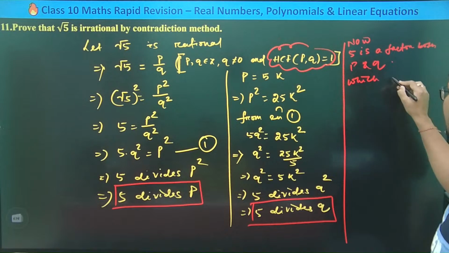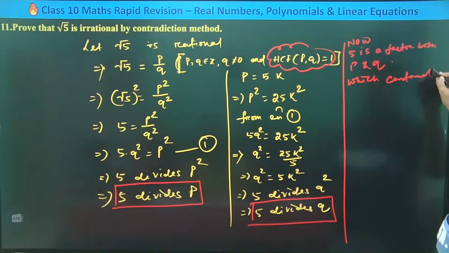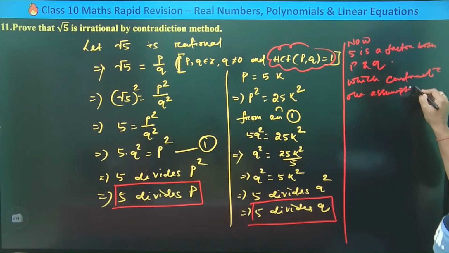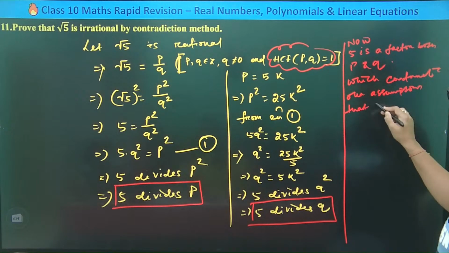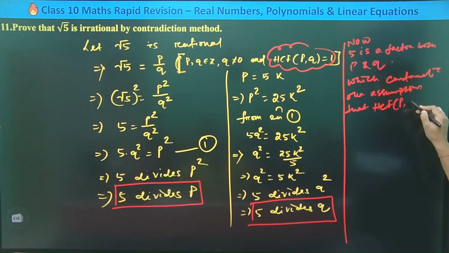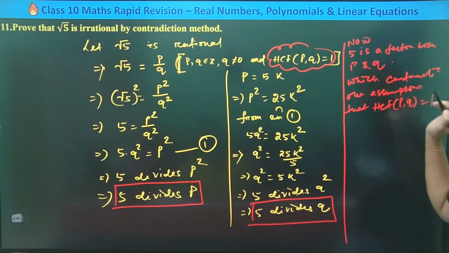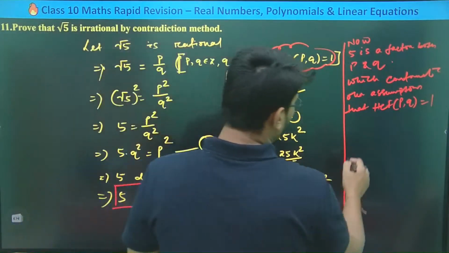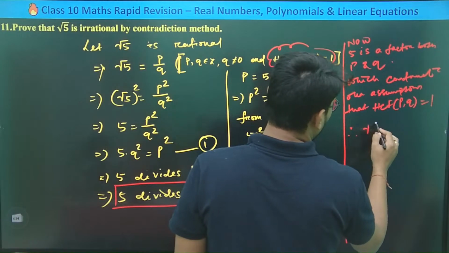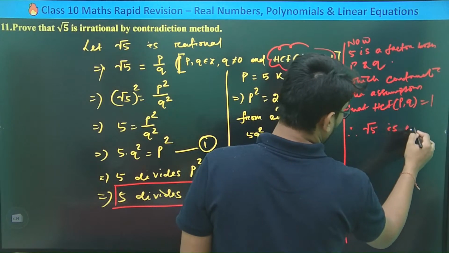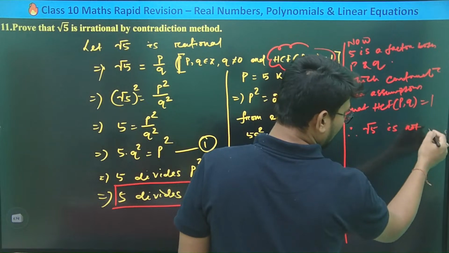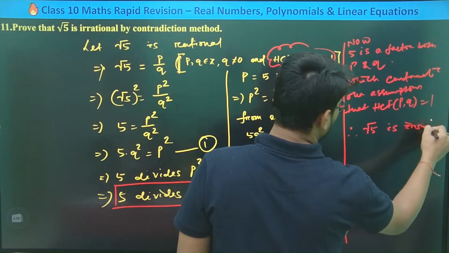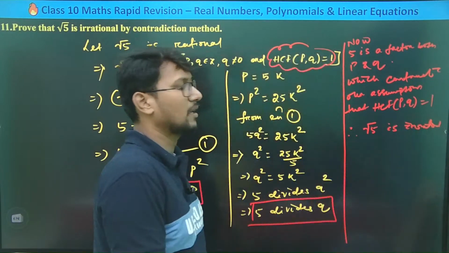This contradicts our assumption that HCF of p and q equals 1. Therefore, root 5 is not rational. Therefore, root 5 is irrational. Right, write it down.